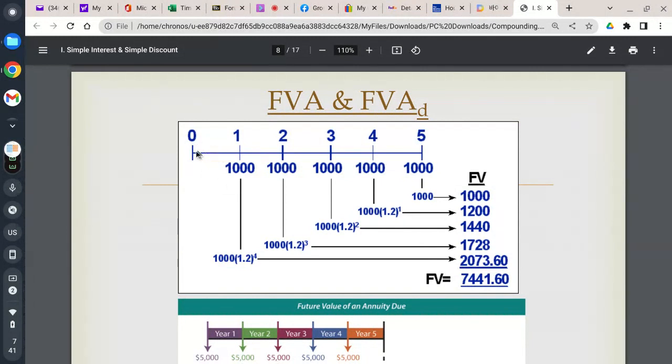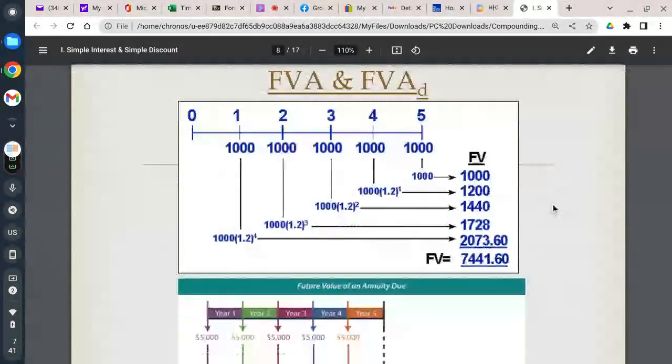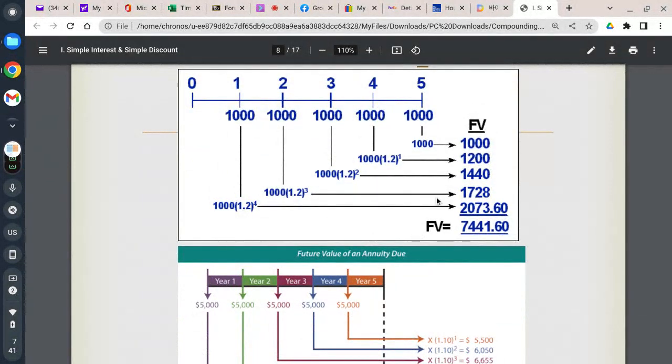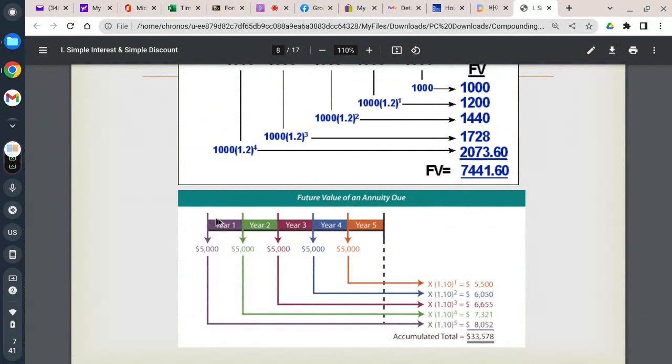Now, in this example, the deposits were made at the end of each year. But consider another case. The numbers are different, but basically a 5 year timeline, and you're making the deposit at the beginning of each year. Think about it: the first deposit will earn interest compounded 5 times, 1, 2, 3, 4, 5.